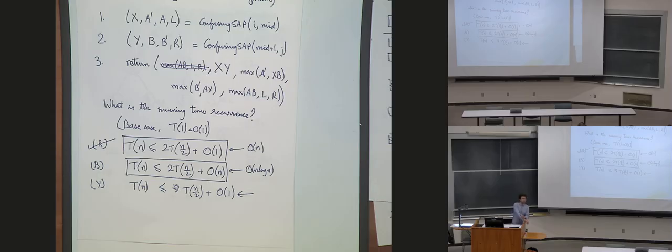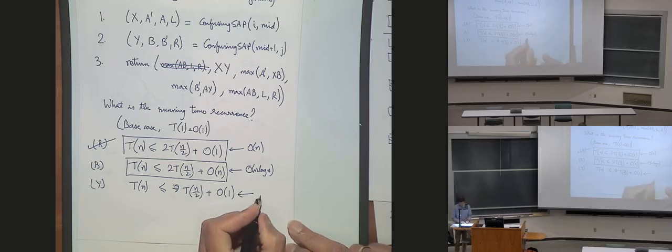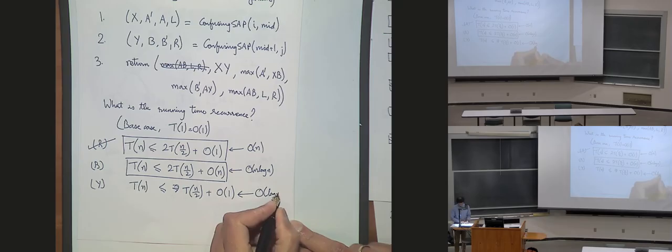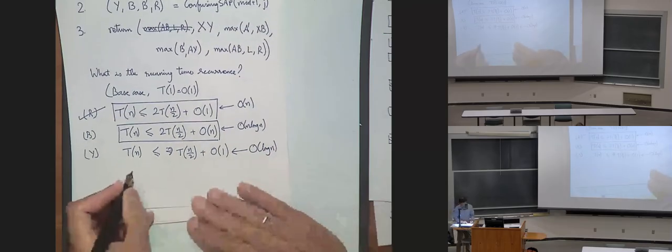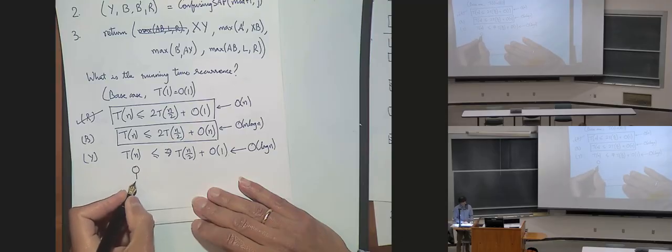Binary search, right? Why binary search? Because you make a single recursive call of half the size and you spend a constant amount of time just comparing. And so that should tell you what the solution is. It's O of log n. I can just draw the tree. The tree is just a single path.